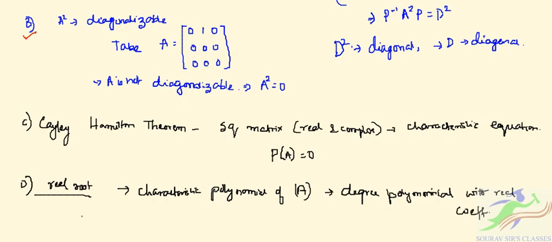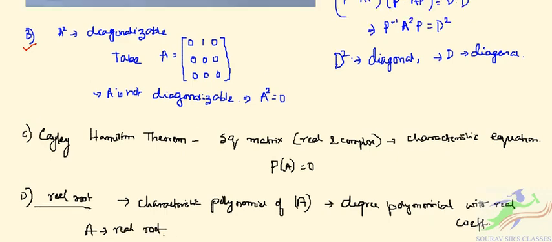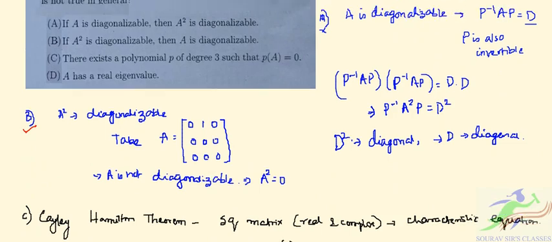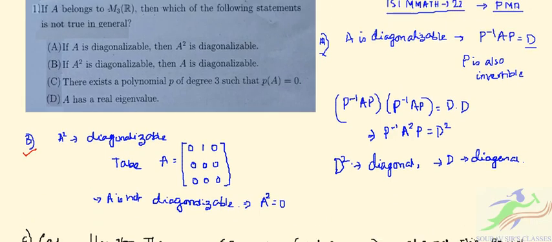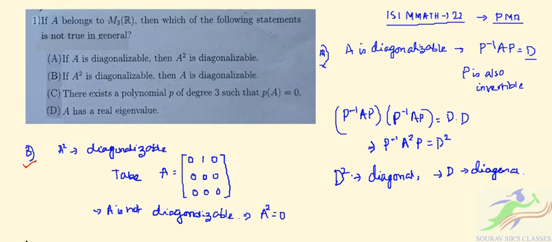So A must also have a real eigenvalue. So this option D is also correct. So the incorrect statement is option B.